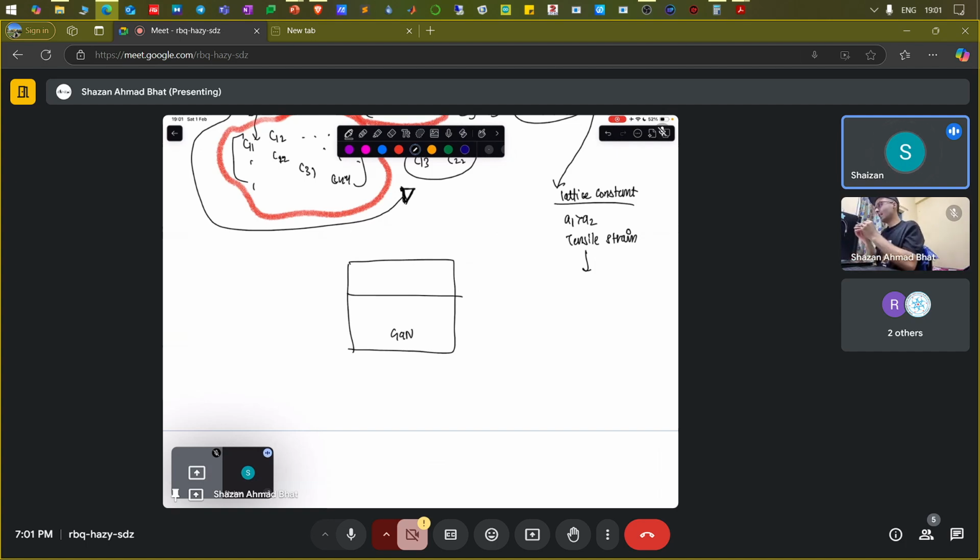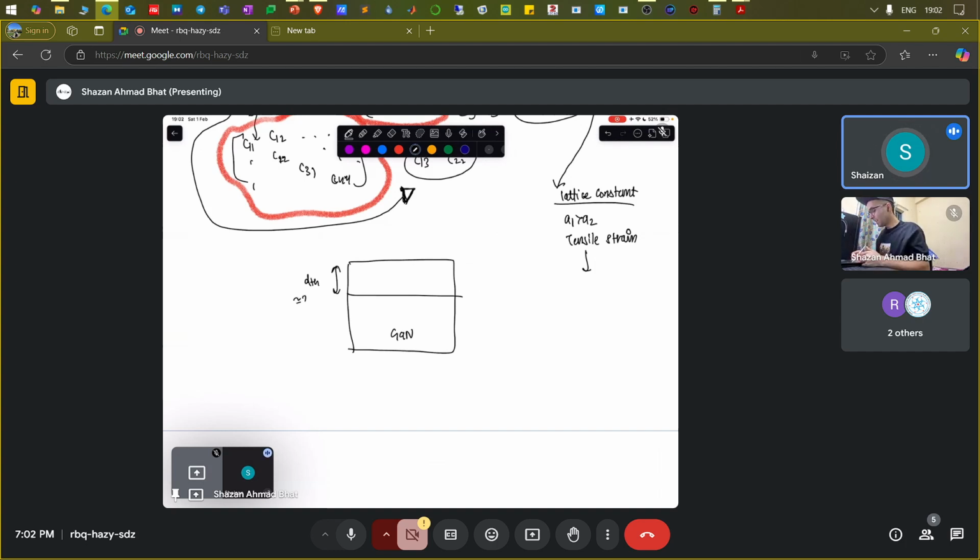If you do that, it will kind of burst, and the gallium nitride won't be able to support this layer. So there's a threshold thickness which can be grown over the gallium nitride so that it stays in a fixed position.